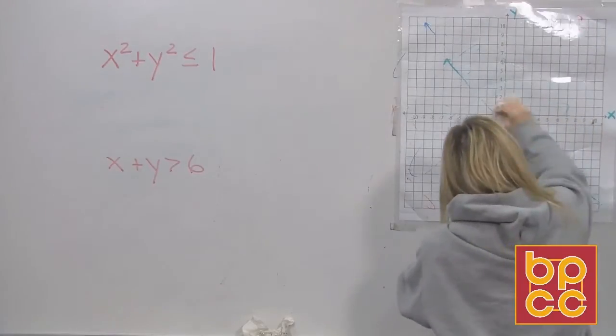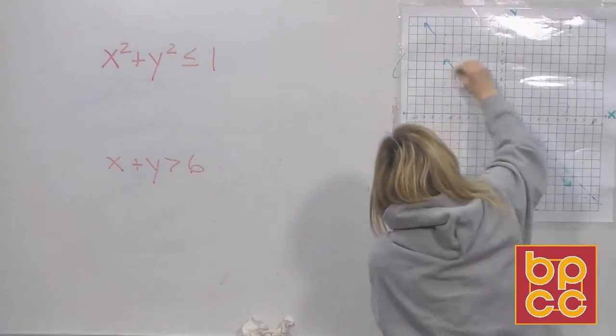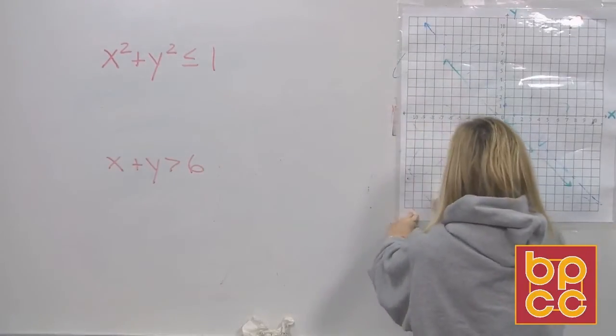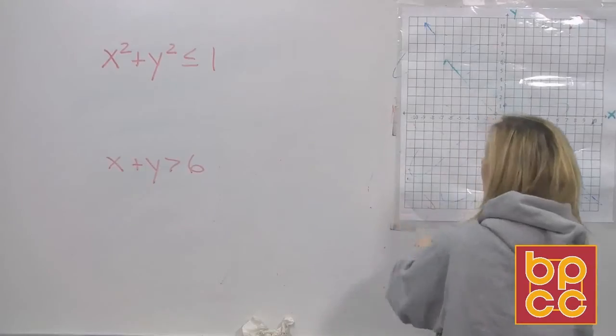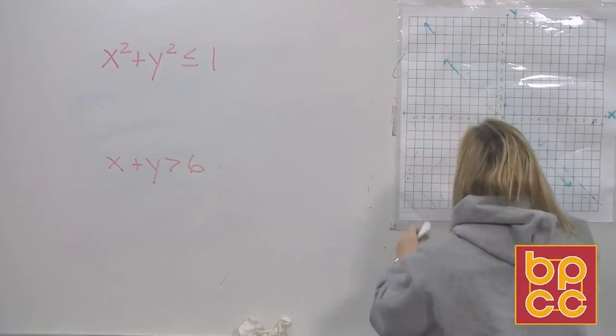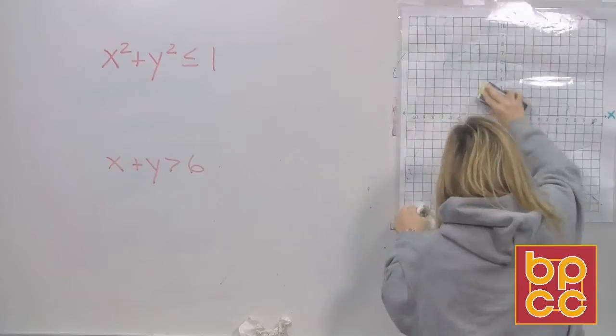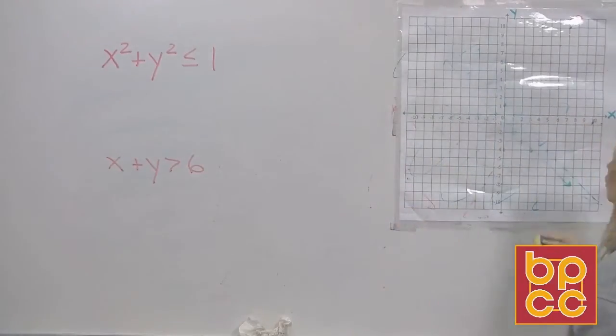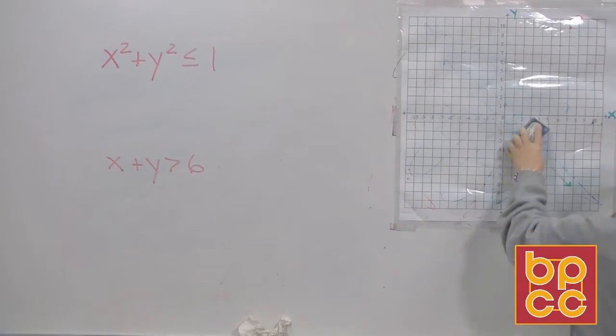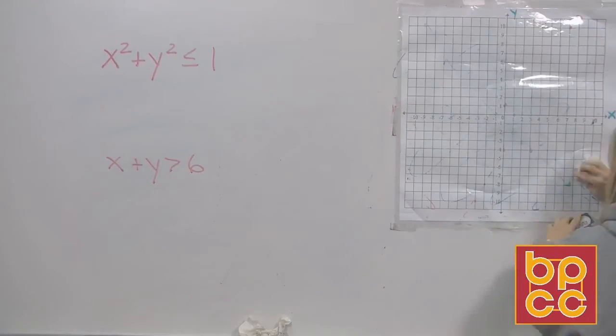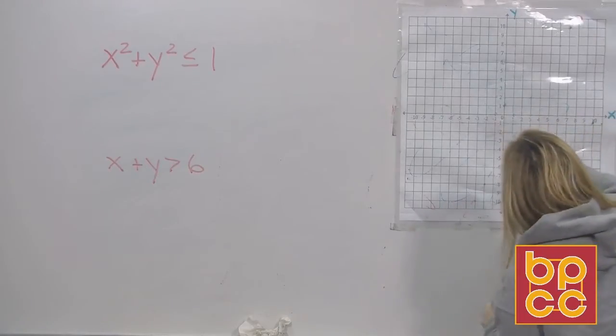So everybody look closely at the first one. Is that inequality, x squared plus y squared, less than or equal to 1, linear or not linear? Good. It's not linear. You have an x squared and a y squared, which means it can't be a line.